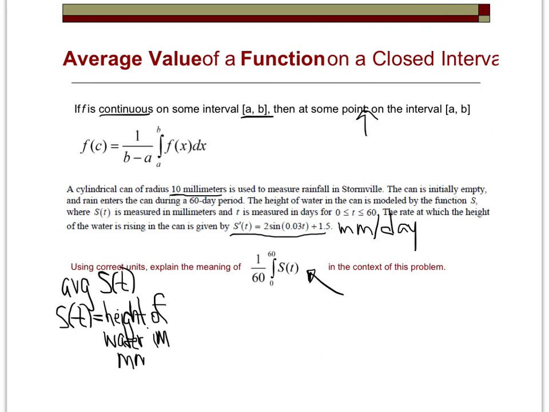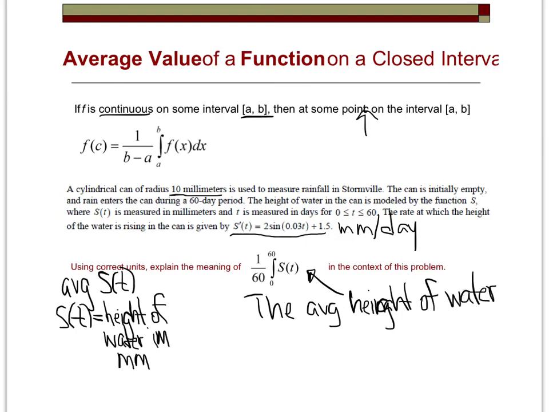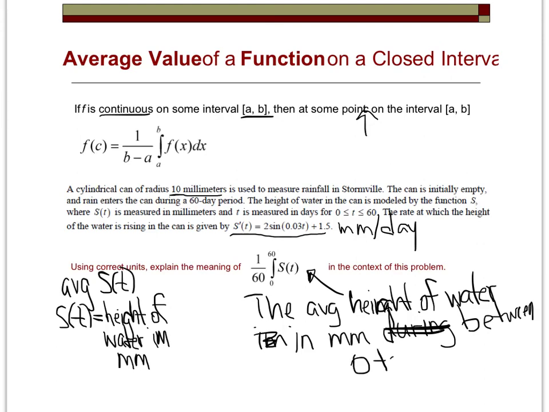Okay, so then this would be the average height of water, in millimeters, between 0 and 60 days. Okay? Does that make sense?